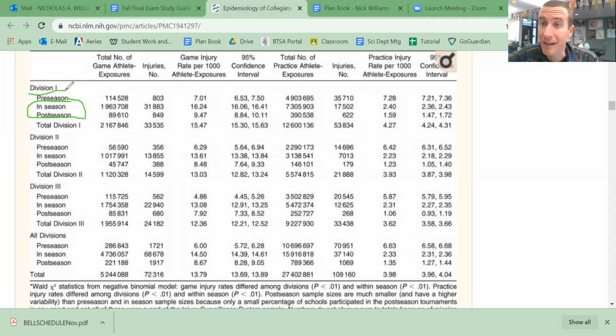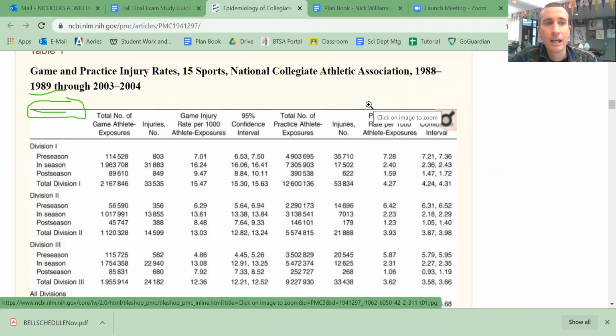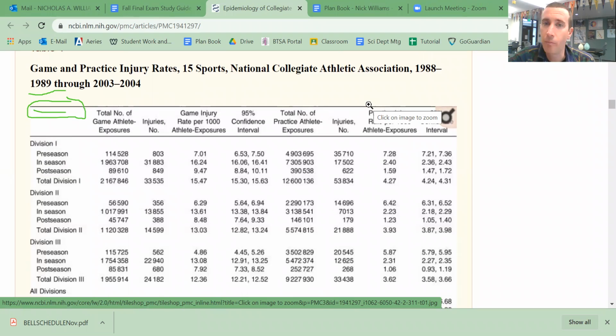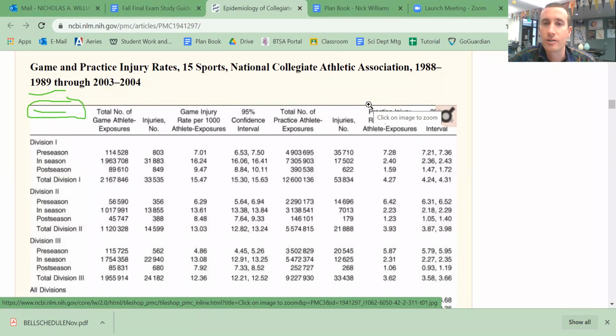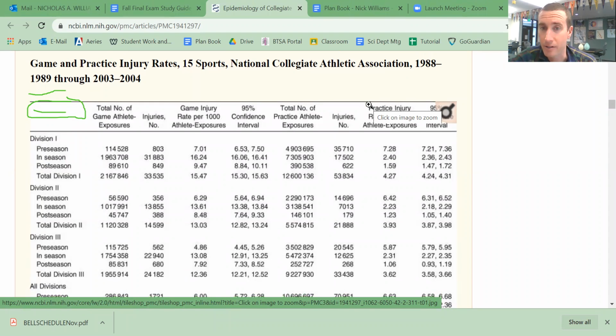These are the kind of sports that you might see on TV, so the big name schools that give scholarships for sports. And we're going to look at in-season injuries. So first, let's just take a look and see what this table is actually showing. In our case, the table is showing game and practice injury rates for 15 different sports from the National Collegiate Athletic Association, NCAA, for the late 1980s through the early 2000s.